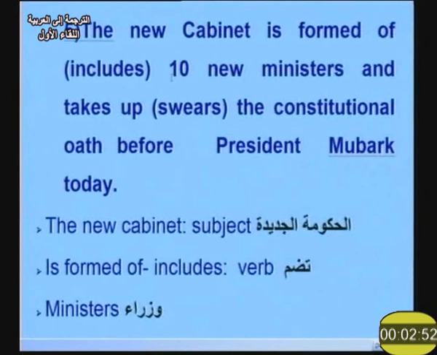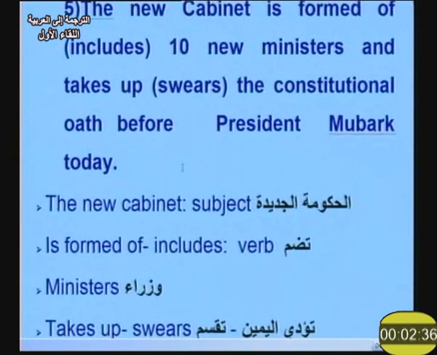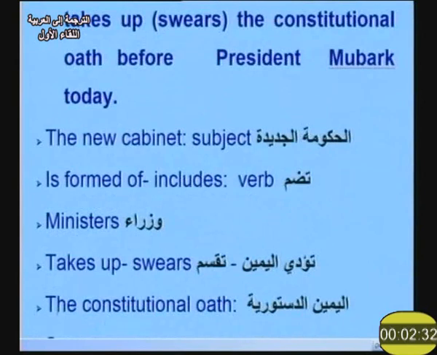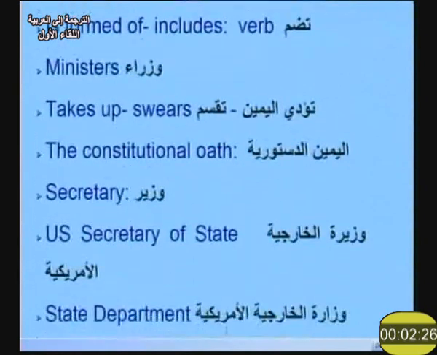Otherwise, if you just try to translate word by word, it would be wrong; it will lead to language and translation mistakes. The new cabinet, the subject, الحكومة الجديدة, is formed of or includes تضم, ministers وزراء, takes up or swears تؤدي, the constitutional oath اليمين الدستورية.